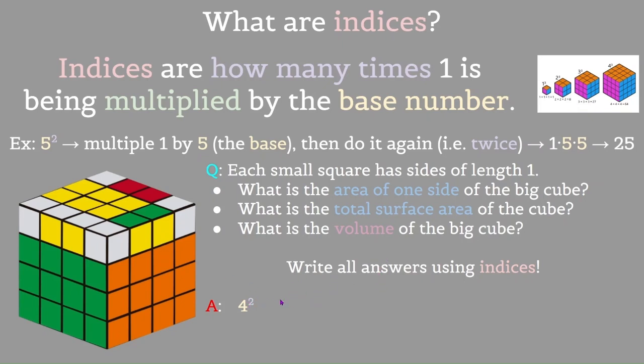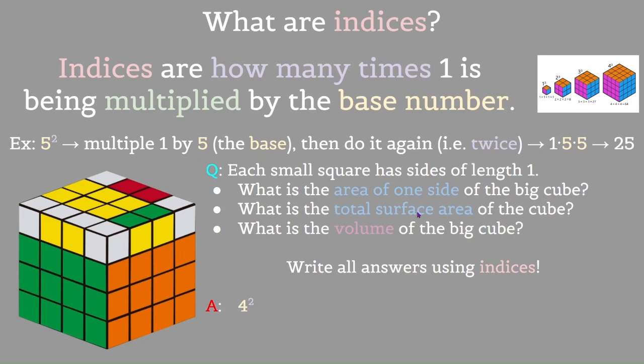Total surface area. Let's do that one next. We now know that one of these sides is equal to 4 with an indice of 2. How many sides are on this cube? There's 3 that we can see: 1, 2, 3. But there are also 3 more sides: there's a hidden side, and then there's a bottom. So there are 6 total sides.